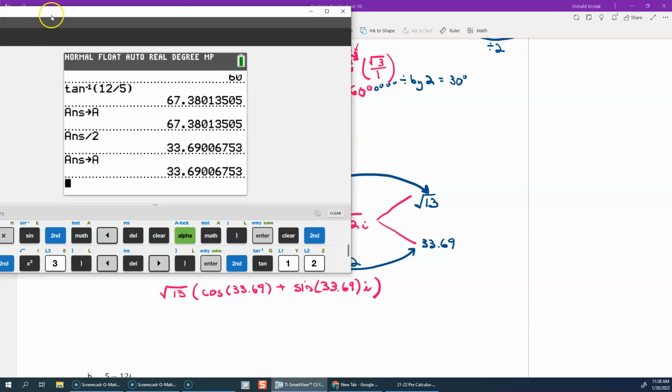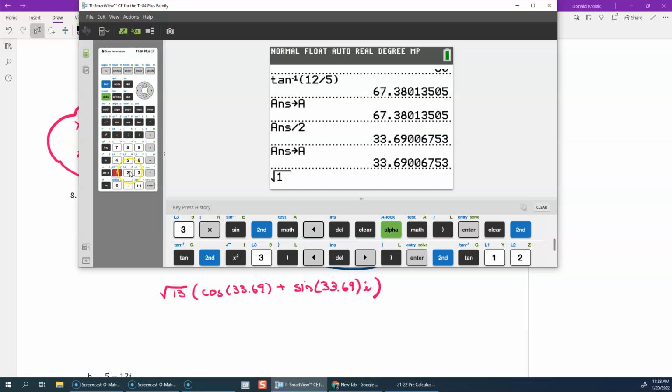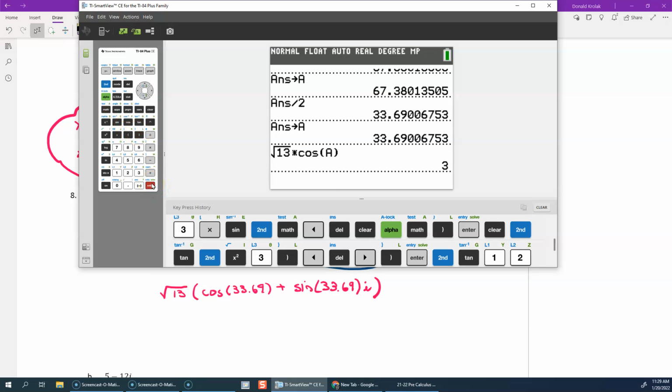Okay, so let's see here, square root of 13. Root 13, okay, times cosine alpha A, and that's 3.